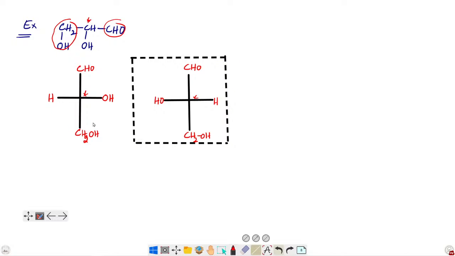Understood? So this projection represents the groups, and you can write the number of stereoisomers here.